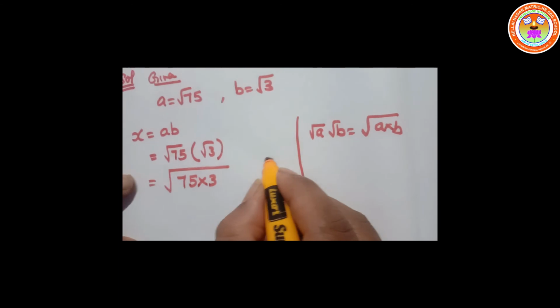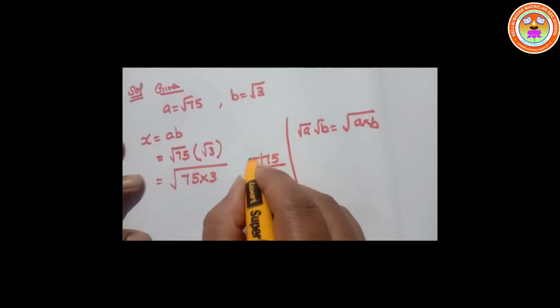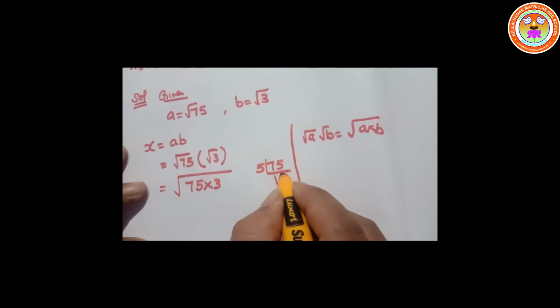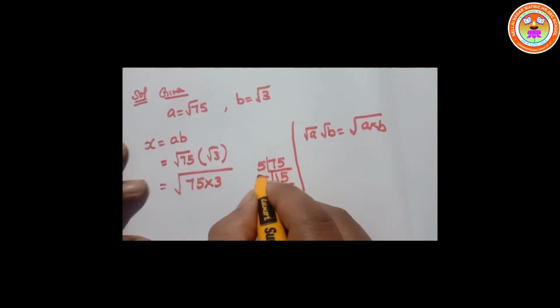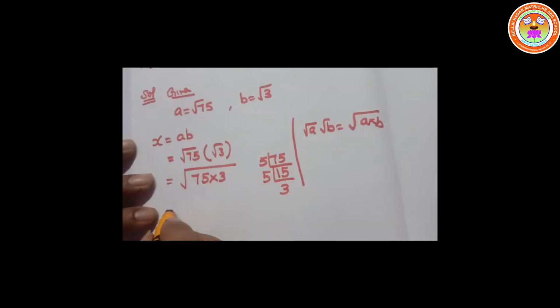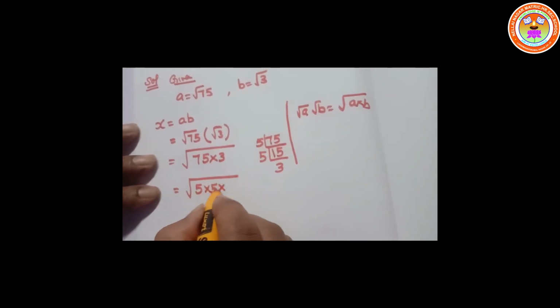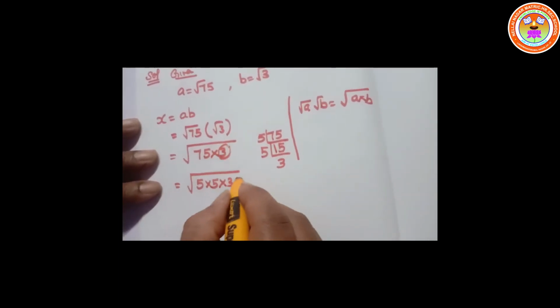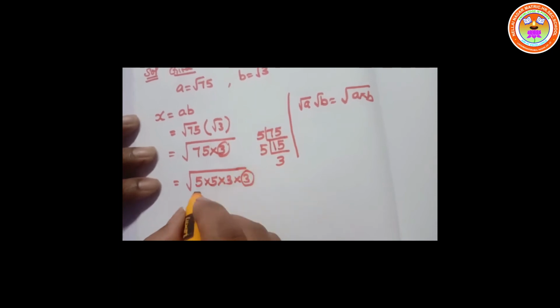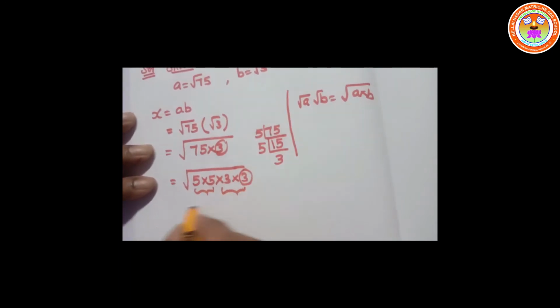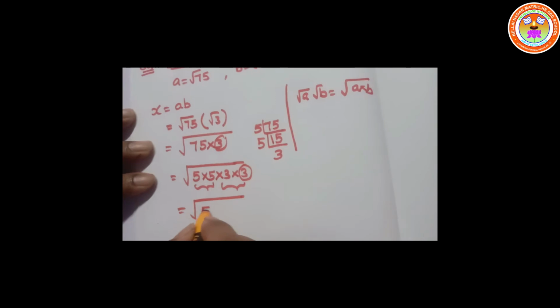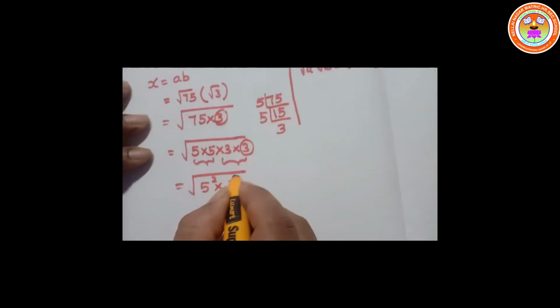When you factorize 75, what do you get? 5 ones are 5, balance 15. 5 3s are 15. Now I can write it as 5 into 5 into 3. So already 3 is there, I write this 3 here. Now I make into pairs. So that is 5 squared into 3 squared.